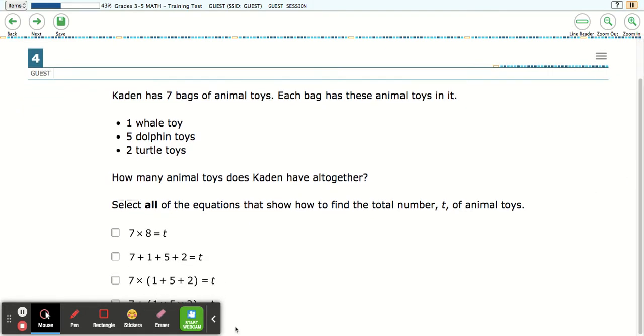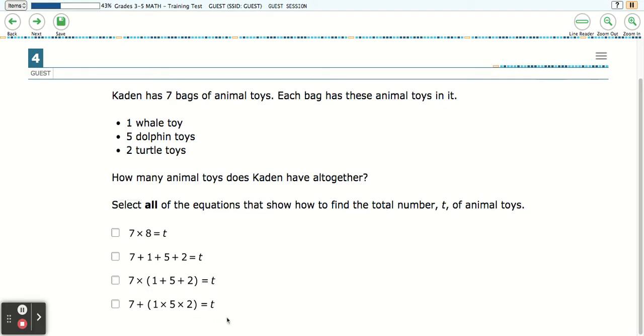Caden has 7 bags of animal toys. Each bag has these animal toys in it. 1 whale toy, 5 dolphin toys, 2 turtle toys. How many animal toys does Caden have all together? You're going to select all the equations that show how you could find the total number T of animal toys. Now remember, we can use a letter to represent just our answer, right?